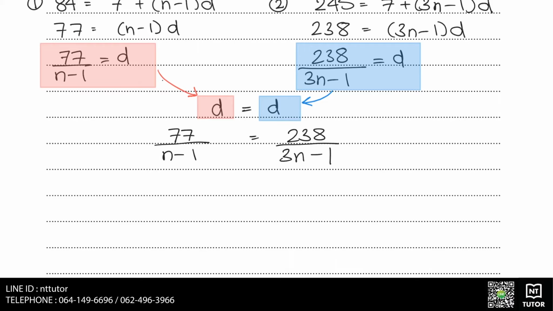After making d equals d, we have an expression in terms of n only, and we can use this to find the value of n without substituting this value of n back to find the value of d, because we don't need to.